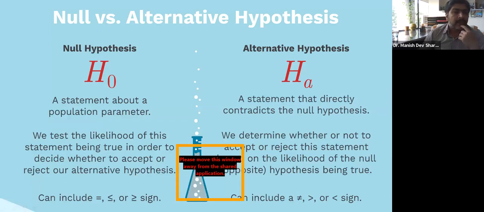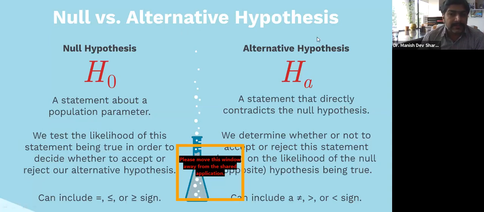See, I have tried to show it with this null versus alternate hypothesis. On the left hand side is the null hypothesis, and on the right hand side is the alternative hypothesis. So what is the null hypothesis? In the null hypothesis, we have a statement about population parameters. We test the likelihood of this statement being true in order to decide whether to accept or reject it.